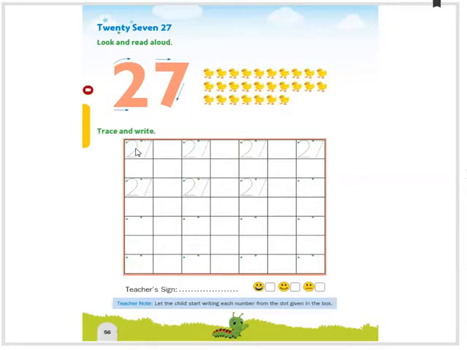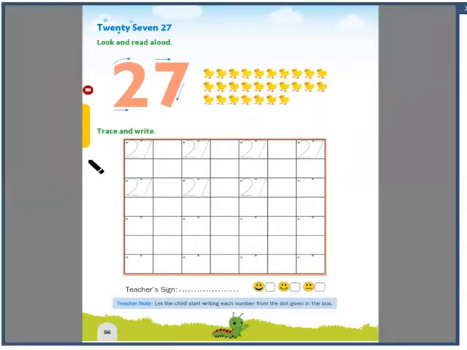Trace and write. This would be your home task. I have shown you how to count 26. Now you have to trace all the 2, 7, 27 and write here. They have provided green dots, no?